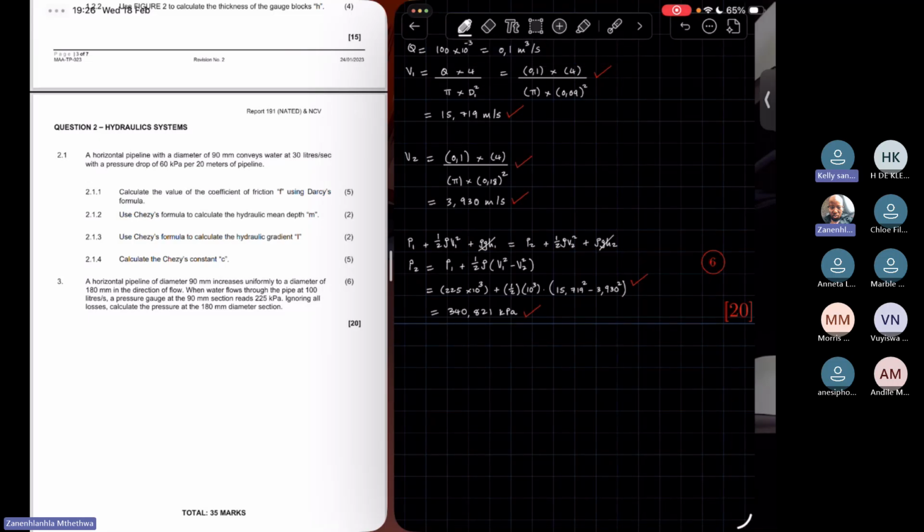The one with P1 over rho g plus V1 squared over 2g plus H1 is equal to P2 over rho g plus V2 squared over 2g plus H2.